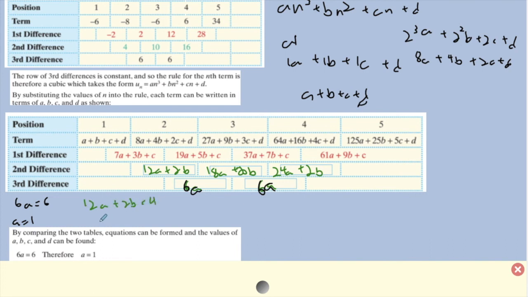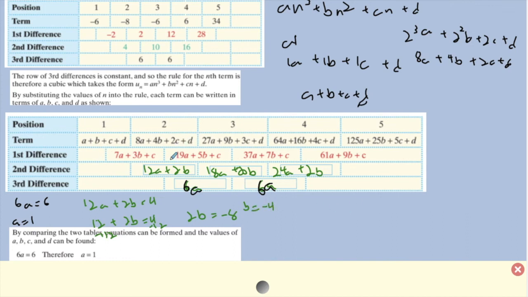We know a is 1, so 12 plus 2b equals 4, minus 12, minus 12. 2b equals negative 8. b equals negative 4.